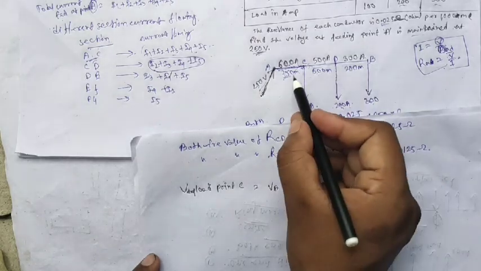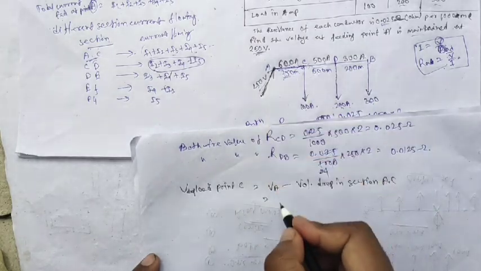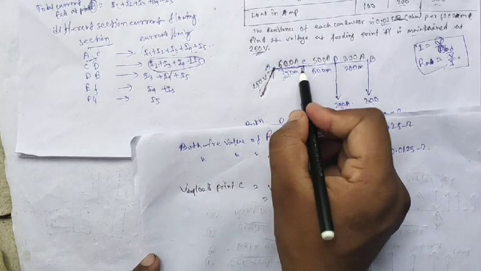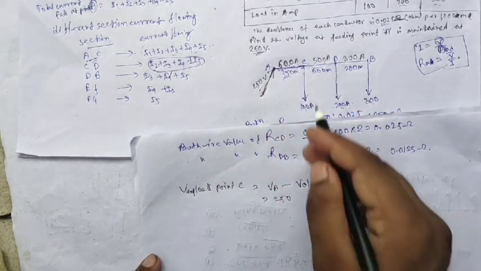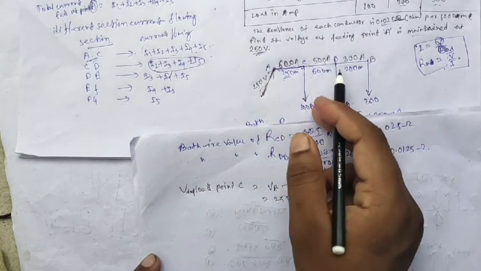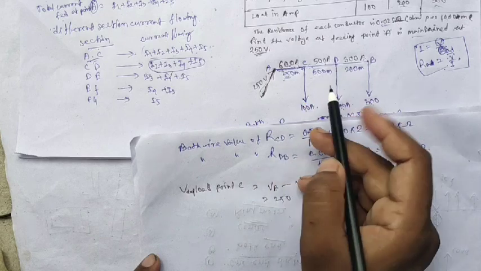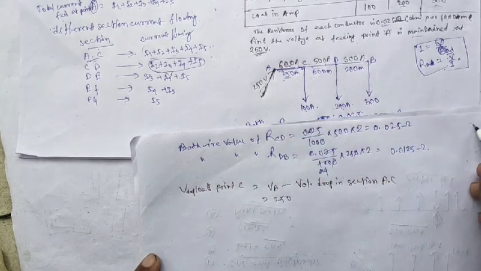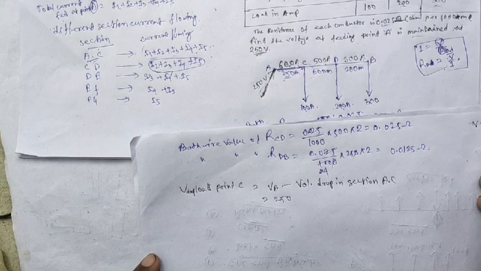Here is 250 volt, and how much is the voltage drop of this portion? V equal to IR, or IAC into RAC.